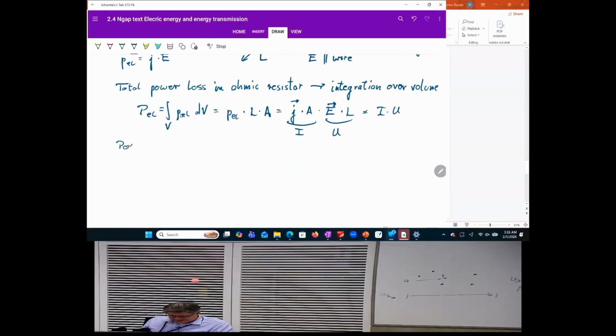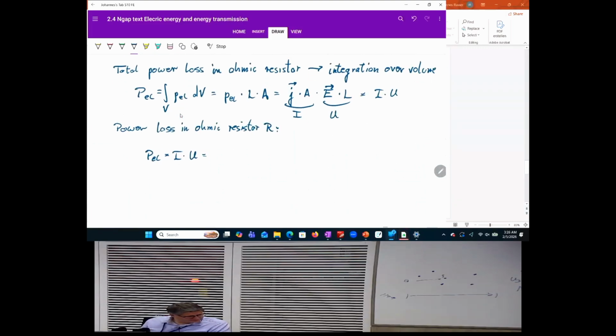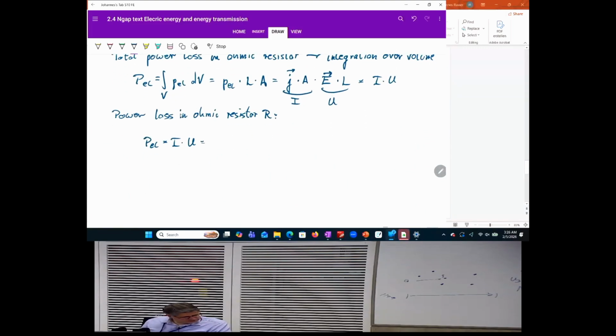So we have the power loss in the ohmic resistor, which we now call R. And you know that U is equal to R times I by Ohm's law.